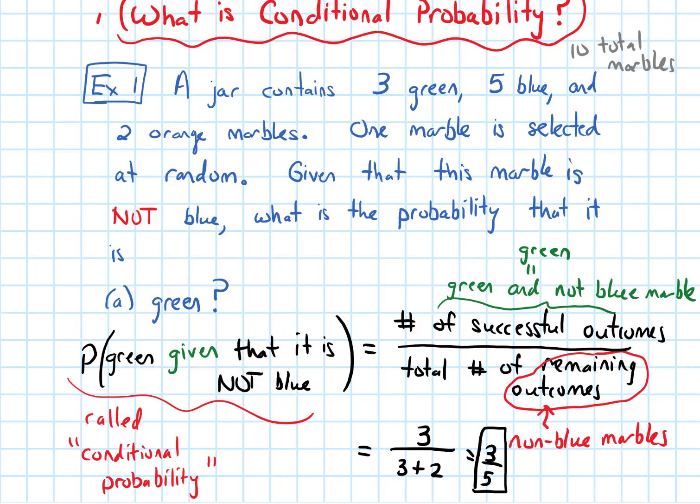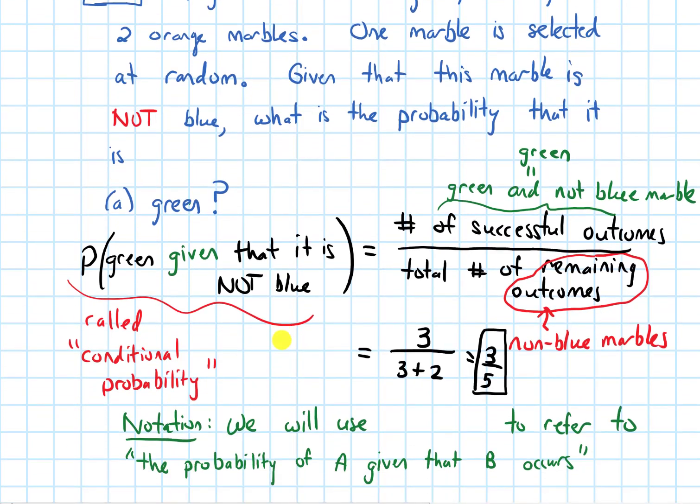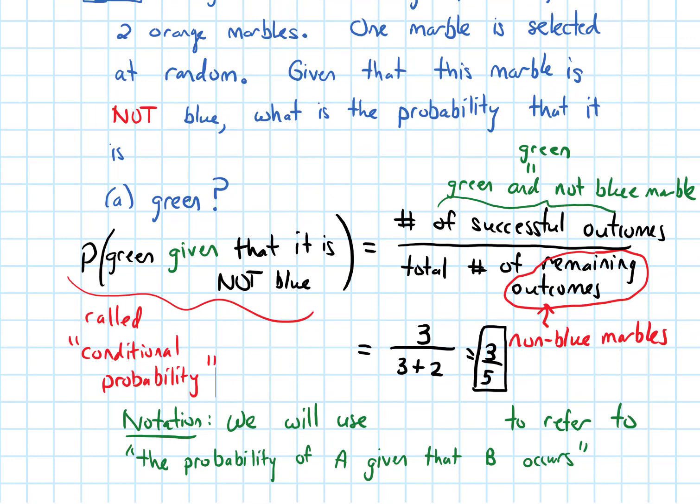All right, so we have a notation for probabilities like this. So if we want to find the probability of some event A, given that an event B occurs, we will write that as P parentheses A, then a vertical line to mean given that, and then B. And that's going to be our shorthand notation for stuff like this.